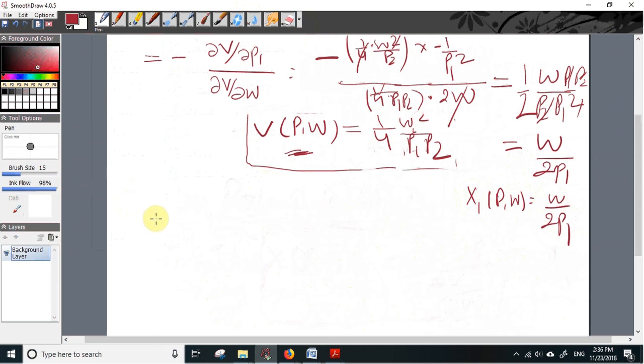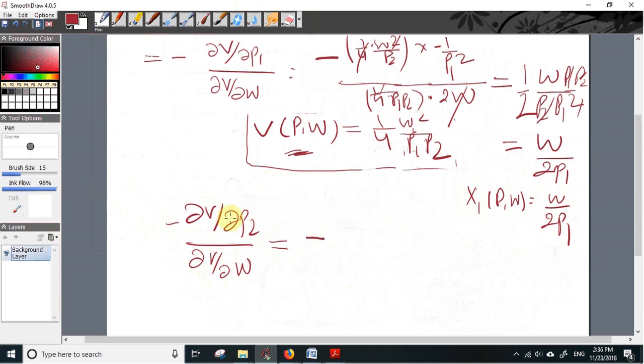Now we can find the derivative of V with respect to P2 and divide it by the partial derivative of V with respect to W, and find the Marshallian demand function for the second commodity.